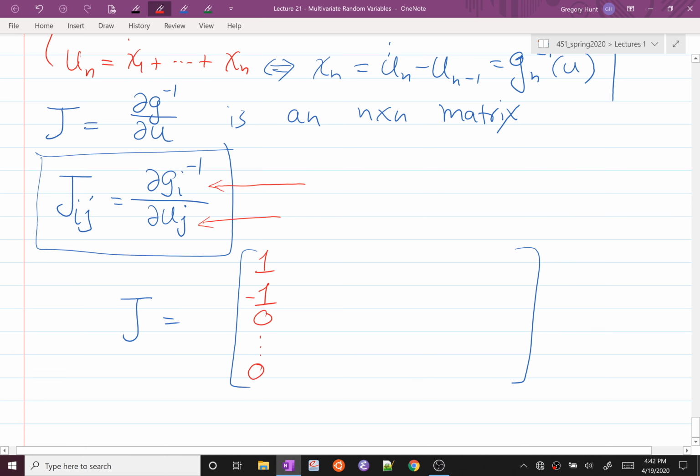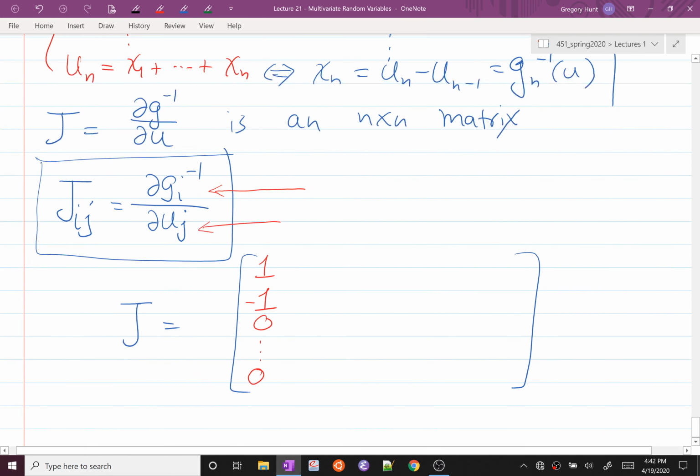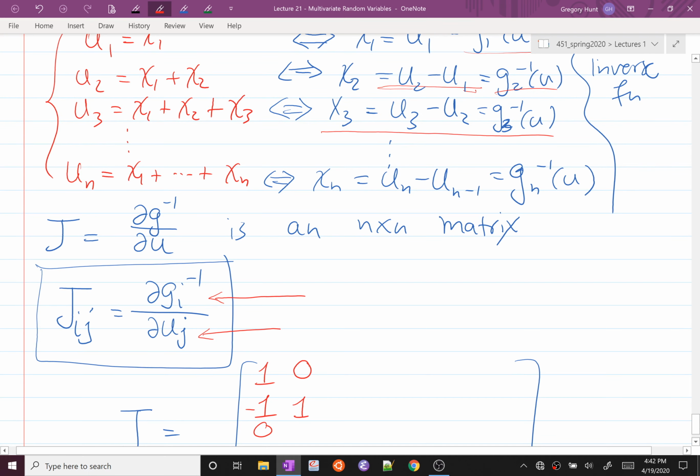Okay, what's the second column going to look like? The second column is the derivative of all my inverse functions with respect to u2. u2 doesn't show up in the first one, so I get a 0. It shows up in the second inverse function, g2 inverse of u, and I'll get a 1. And it shows up in the third one, and I'll get a negative 1.